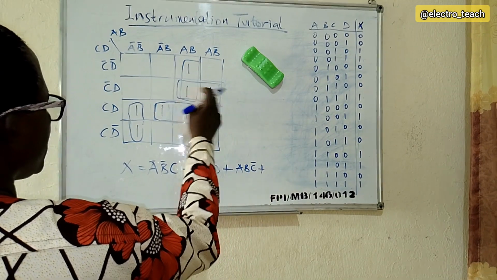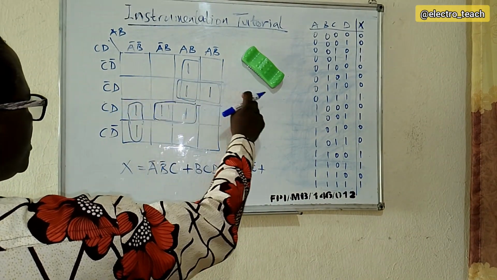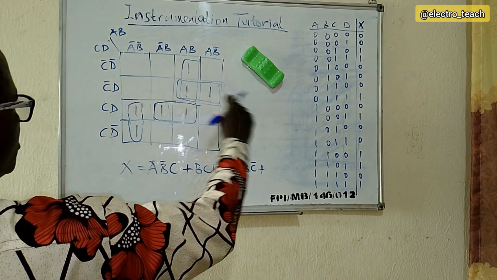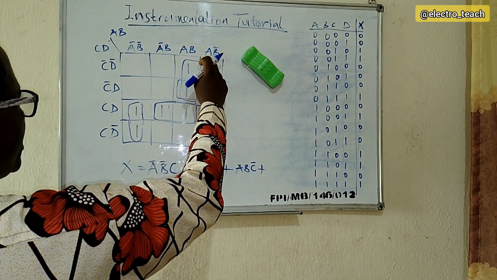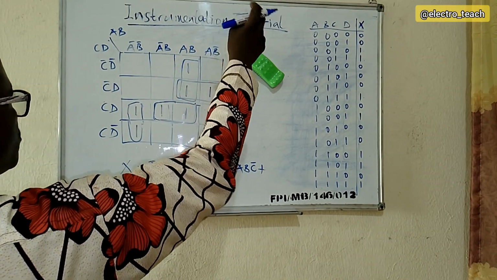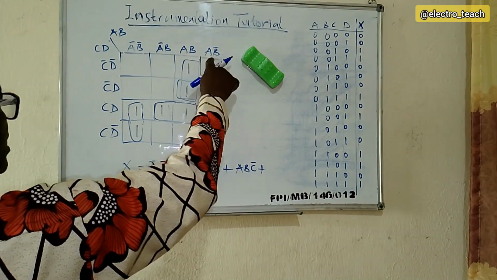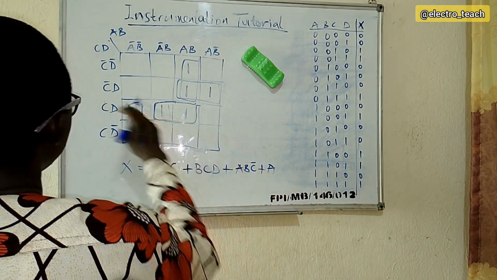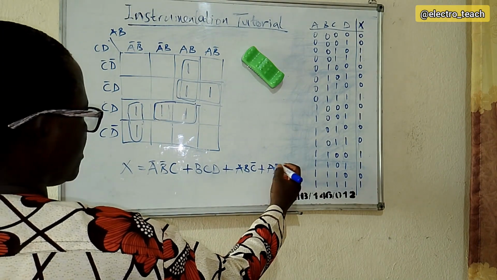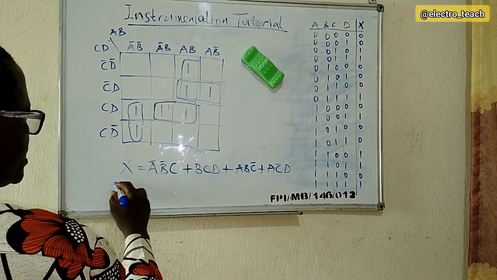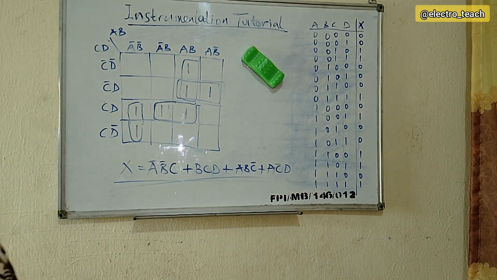Plus the last one, from here to here on the row, we have C bar D as constant, A to A, B to B bar. So B has changed to B bar, that one has gone out. But A remains, so we have A, C bar D. And this is the simplified expression using Karnaugh map for the output of that gate.